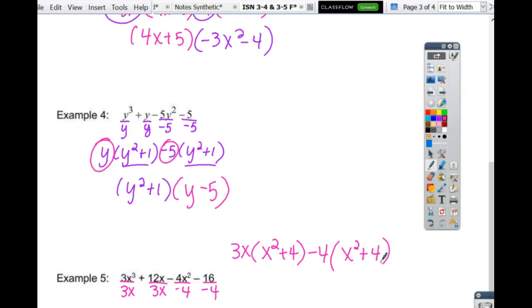Is the x squared plus 4 a perfect square? Yes or no? So the plus in between is okay? It's not. You can't factor because of the plus. So I'm going to get x squared plus 4 times 3x minus 4.